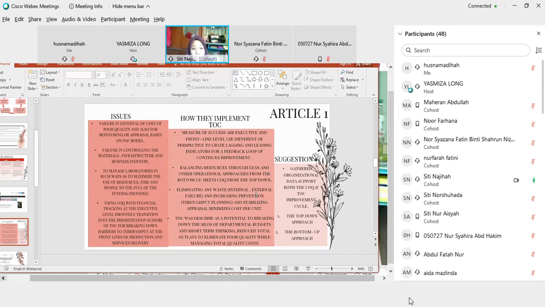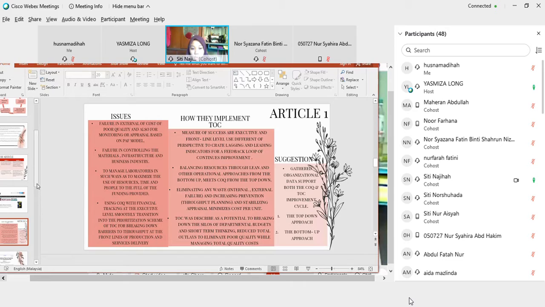So we can say that TOC was described as having the potential to break down the silos of department or budget and short-term thinking, and reduce total outlays to eliminate poor quality while managing total quality cost.